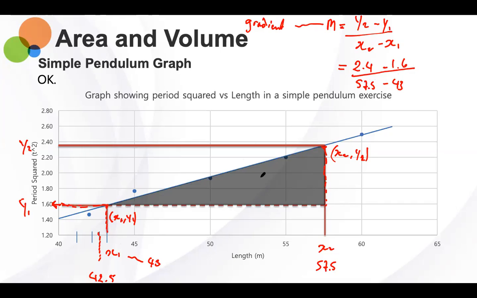Are we understanding this here? Yes, sir. All right, so we can move on then. At the top, we have 2.4 minus 1.6. What are you getting there?